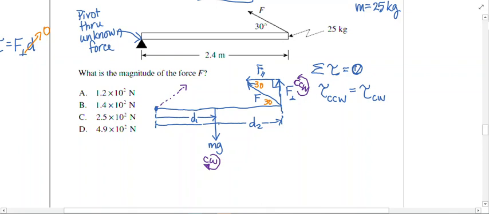Let's start with the counterclockwise. It's going to be my L right there. We just have to multiply the vector of the force times the distance. So I'm going to have F perpendicular D2. That's my yellow right there.